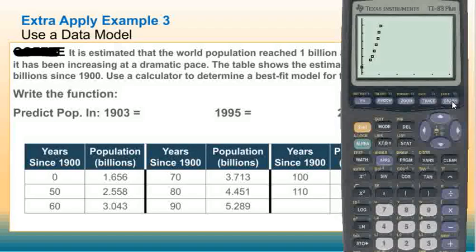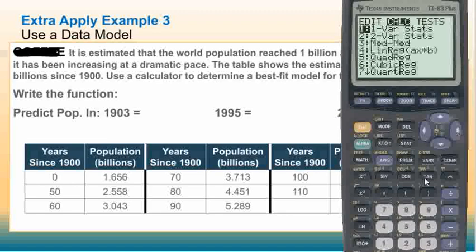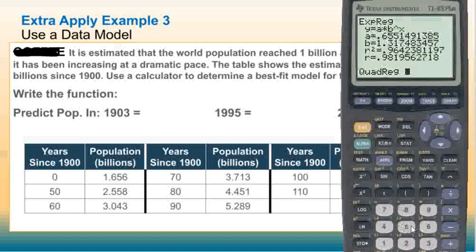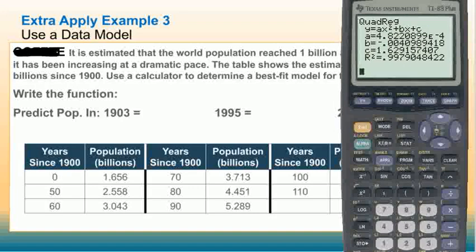That one looks fairly linear, but that is not linear there. This could be quadratic possibly, because we do see it bends here. So let's do stat calc, let's do 5, see if it's quadratic. That one's a 0.997, so that one's pretty close there. So let's do that equation.